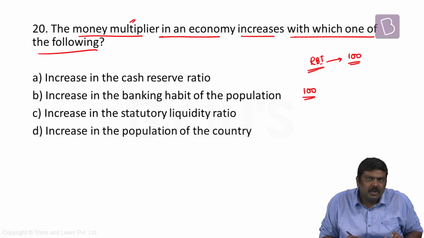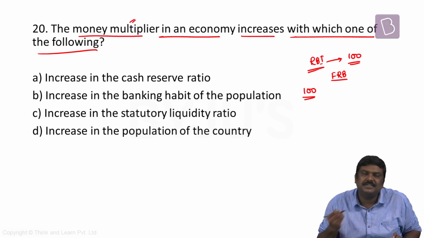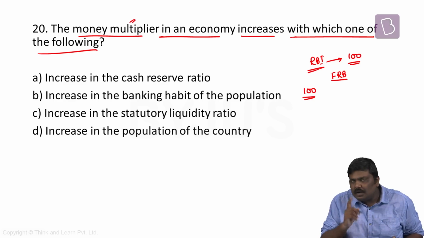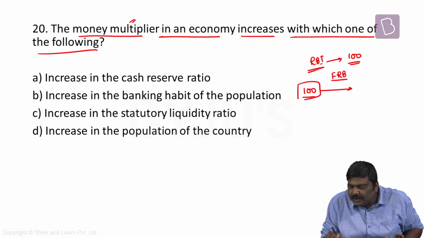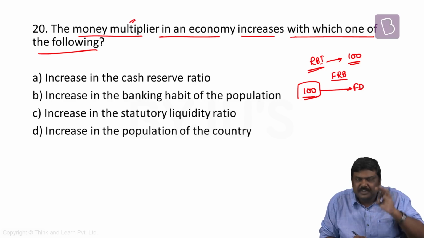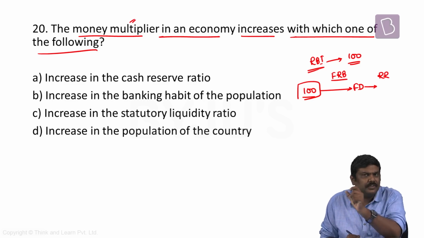In case of India, we follow a concept called the fractional reserve banking system. Under this, let's say hypothetically, I'll take this 100 rupees, go to a bank, and keep this full 100 rupees in the form of a fixed deposit. Now, once I've kept a fixed deposit, the bank will maintain a certain reserve, which we'll call the reserve ratio.